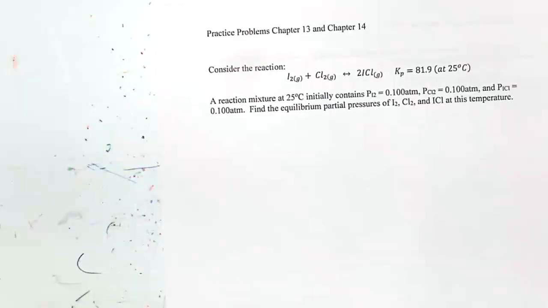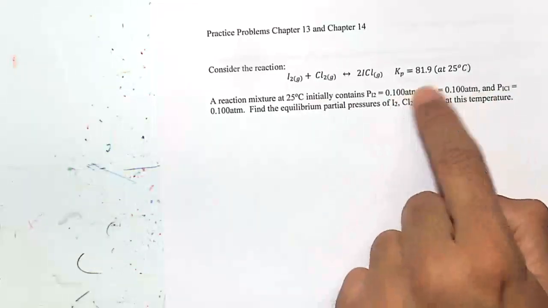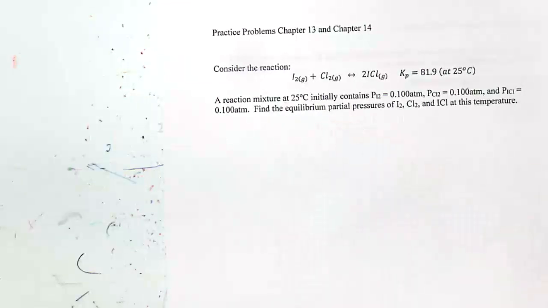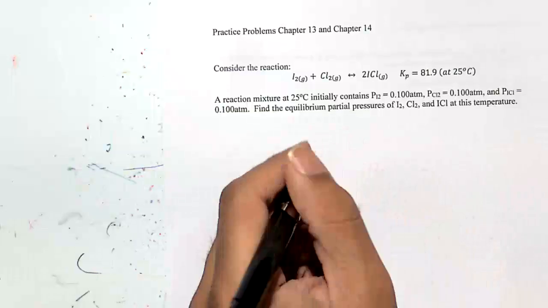All right, consider the reaction of this, and we have Kp at a specific temperature. The reaction mixture contains this, this, and this. Find the equilibrium partial pressures of that at this temperature. So these are gases, so they have a pressure.